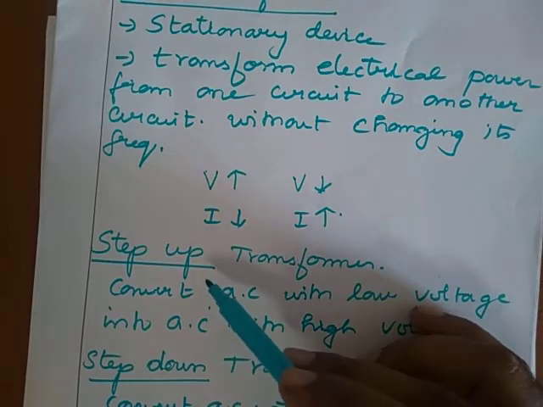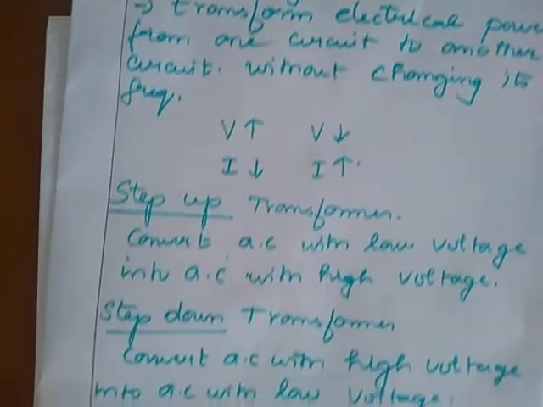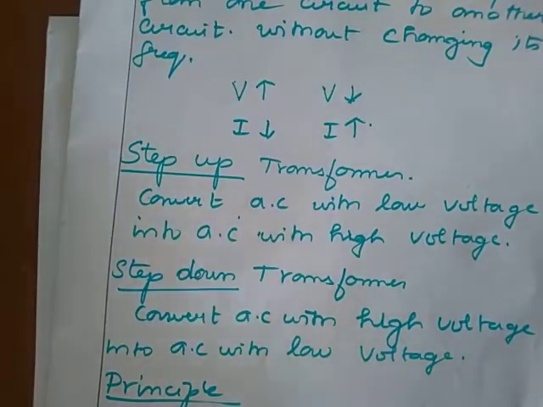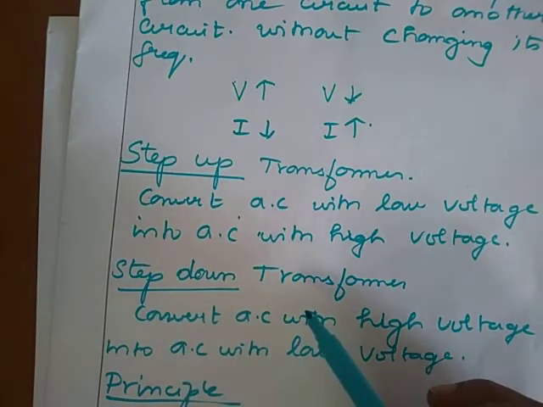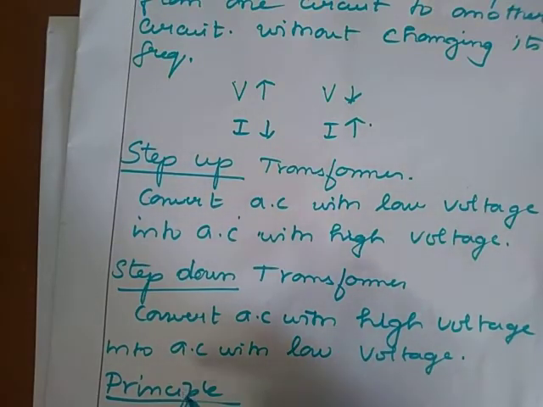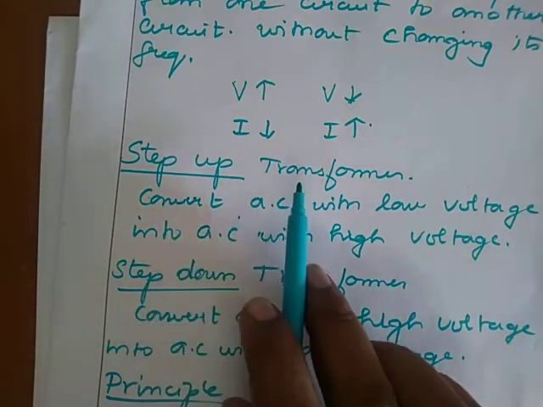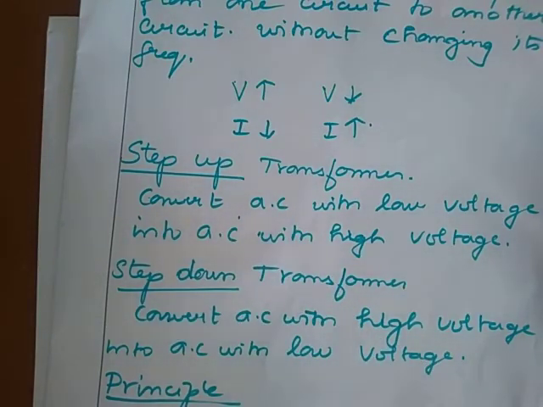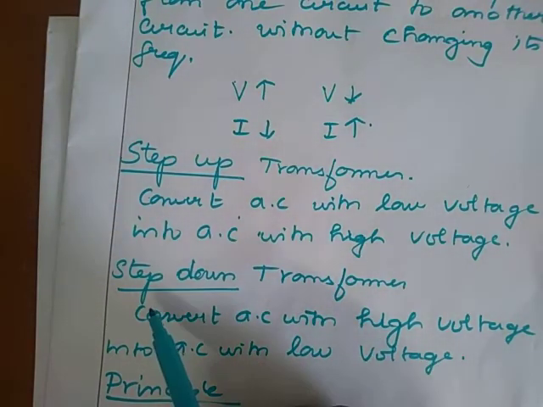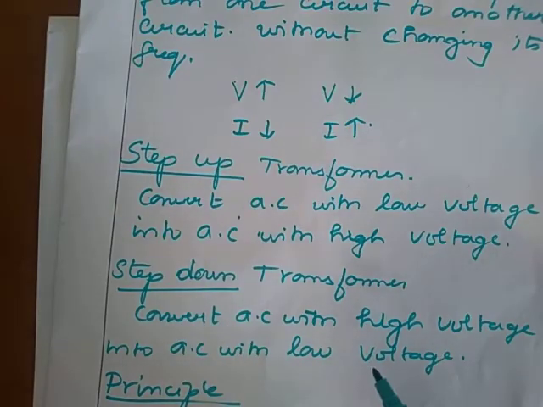By using a step up transformer we can convert alternating current with low voltage into alternating current with high voltage. By using a step down transformer we can convert alternating current with high voltage into alternating current with low voltage. A step up transformer we can see in a power station to transform electric power. A step down transformer we can see on our roadside.